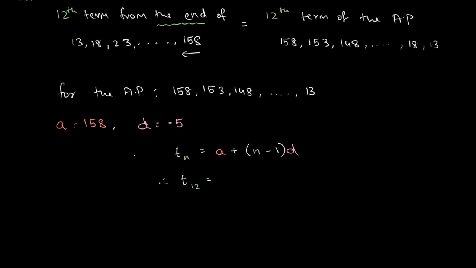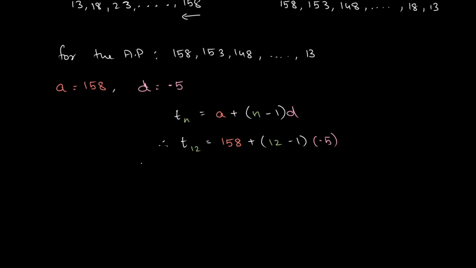So A I know is 158, right? 158 plus 12 minus 1 into D, which we know is negative 5. All right, so let's simplify this further.